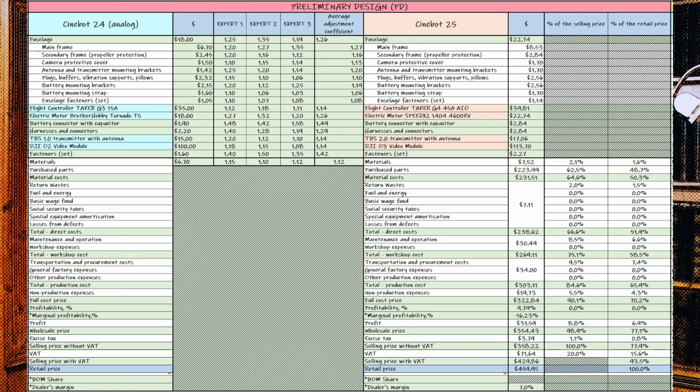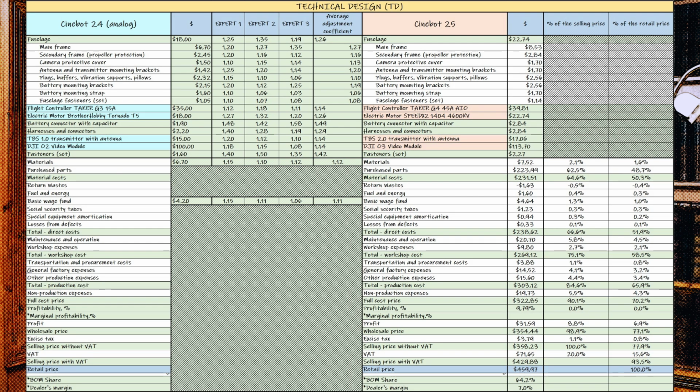At the preliminary design milestone, we ask the experts to add a coefficient for the cost item material, i.e., in fact, that is what will be used during assembly and the technical project. Milestone experts also need to put down the cost increase coefficient for the wage fund item.